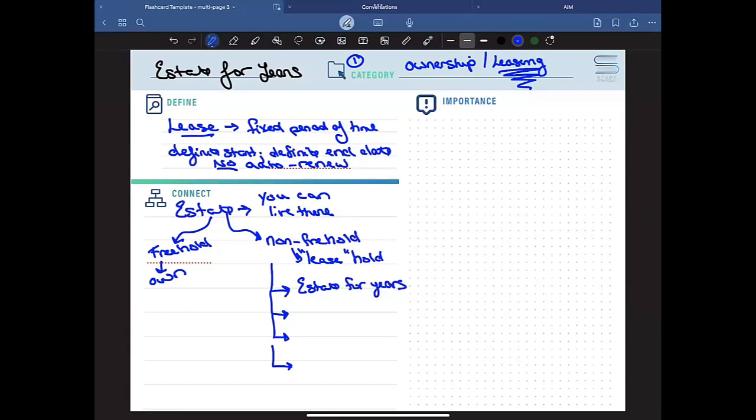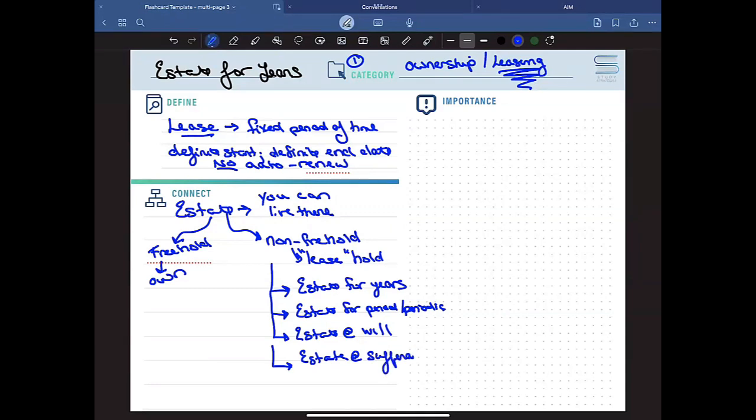Do you happen to remember any of those other ones? I'm blanking. That's okay. Estate from period to period, which can also be called a periodic estate. You have an estate at will and an estate at sufferance.